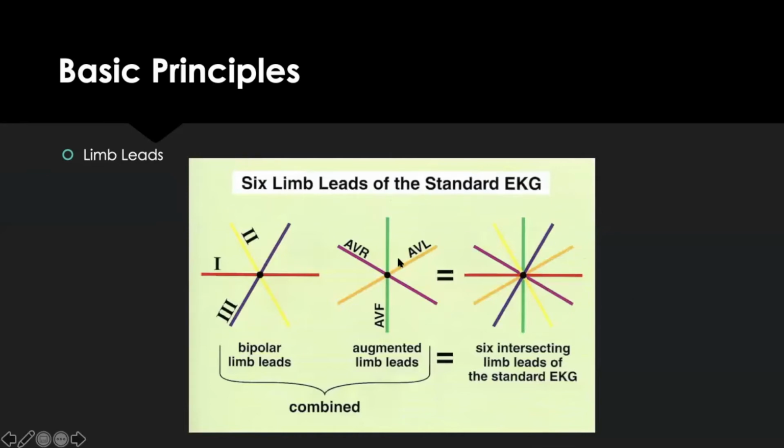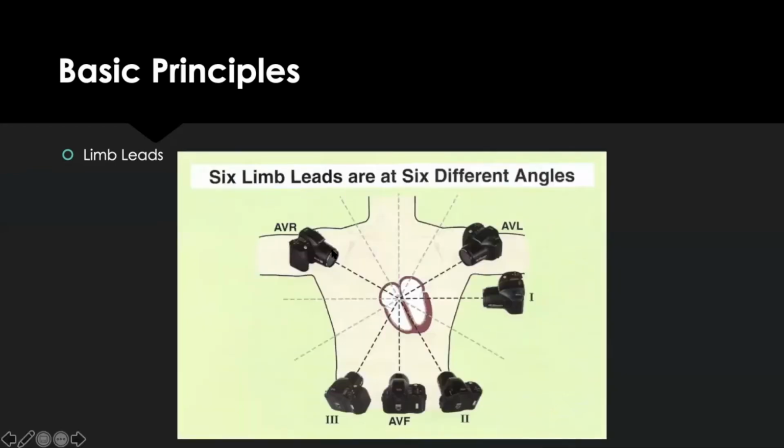This looks weird and still complicated, but the next slide will explain it a little bit better. This is basically what these leads are looking at. These are what they mean. These leads are looking at the heart from different directions. So AVR and AVL, those diagonal leads, they're looking at it from mirrored directions, but on either side of the heart.